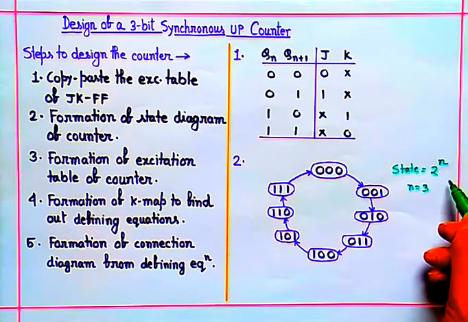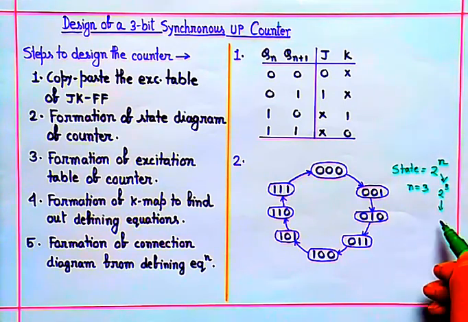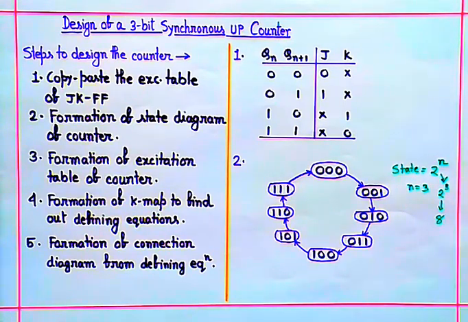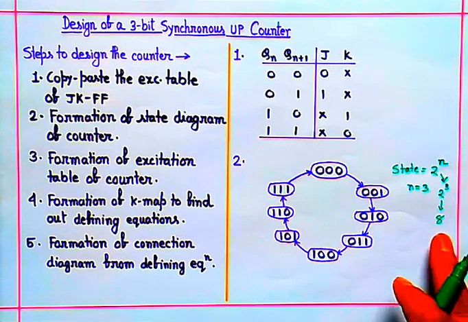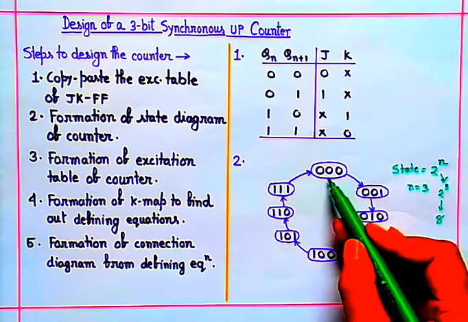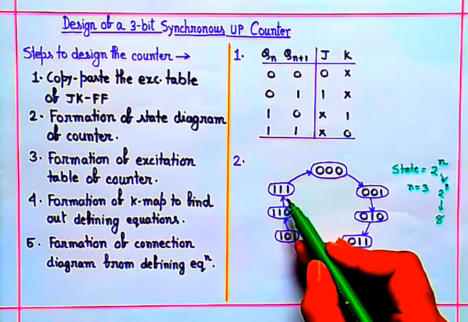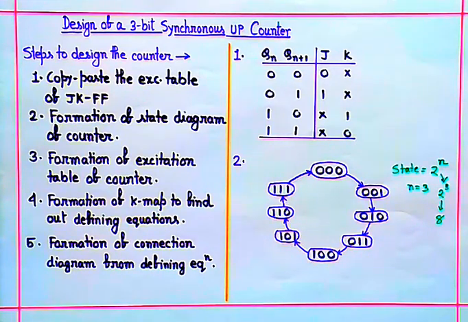That means number of states is equal to 2 to the power 3, that means it is equal to 8. That's why it has total 8 states from 0, 0, 0 to 1, 1, 1, in decimal from 0 to 7. Total 8 states.